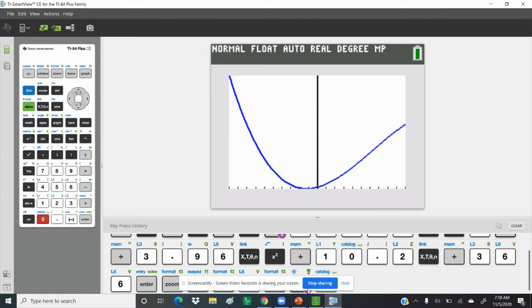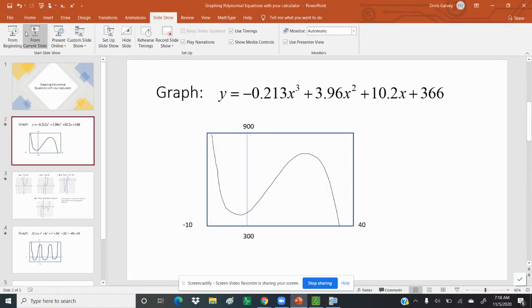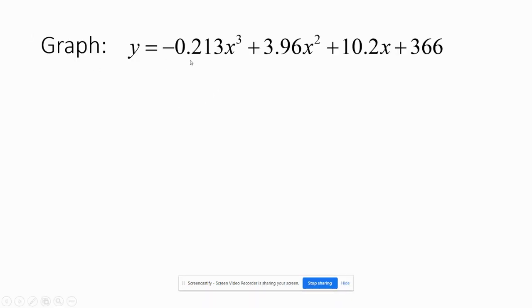So if you go back and take a look at what your equation was, you can see here that this was an odd function because of the 3 and a negative leading coefficient. So you kind of know what your end behavior should look like. If it's that kind of a function, you know that it would sort of look like this here.